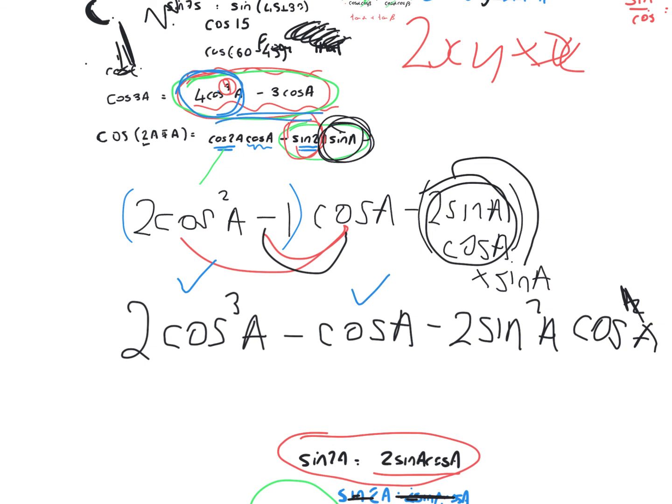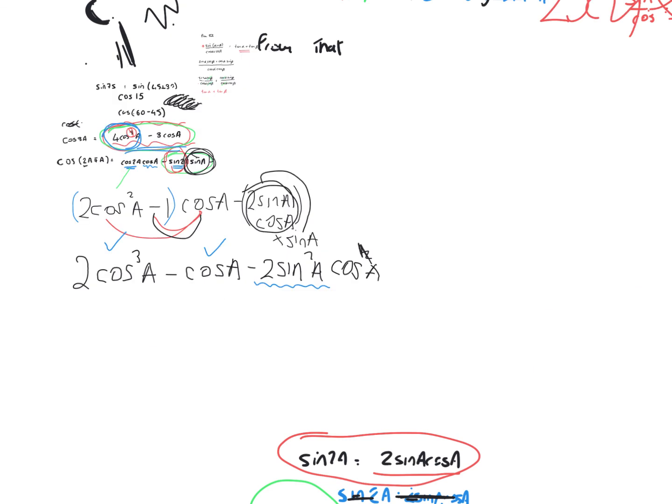What I'm not so happy with is this sine expression here. So is there anything that I can do with that? I'm going to try and substitute that out and swap it with something else. So let's have a think about that. Okay, now that brings me back to sine squared A plus cos squared A equals 1. That was one that I wrote down earlier on.